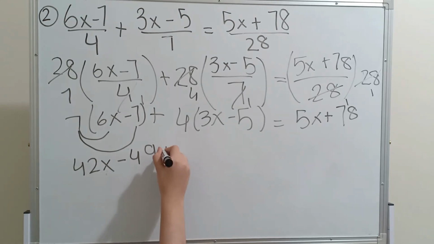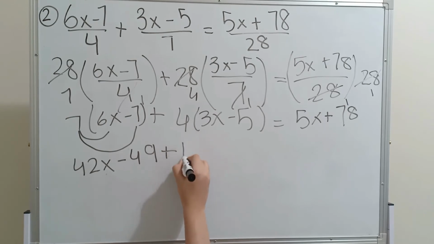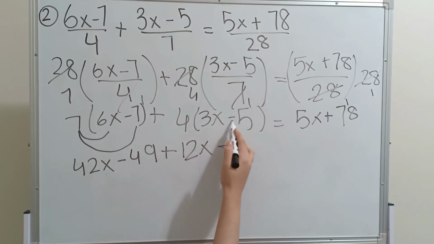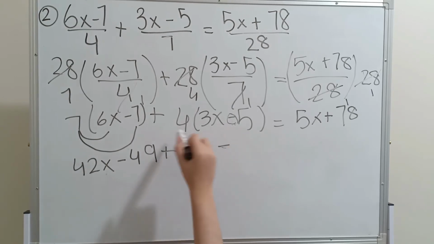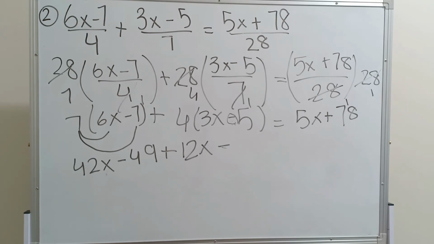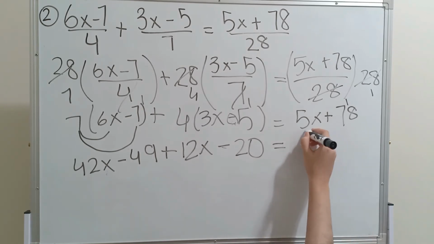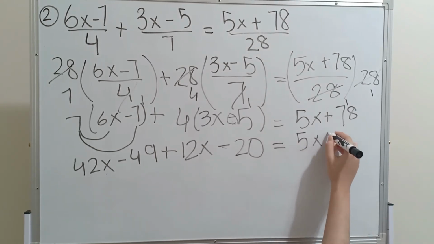Plus, we will have 4 times 3 is 12x subtract, because this is a negative sign, this is a positive one. 5 times 4 is 20, so subtract 20 equals, this one we are going to rewrite it like that. Plus 78.